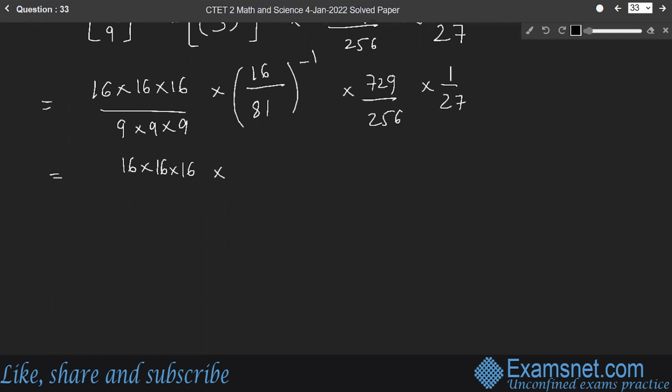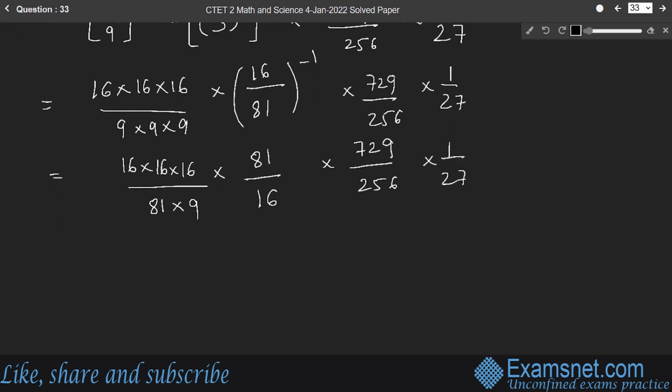Here the second term is to the power of minus 1. I will take 81 to the numerator, 16 to the denominator, and 9 nines are 81 into 9. Because we are cancelling 81 and 81 here, into 729 by 256 into 1 by 27.